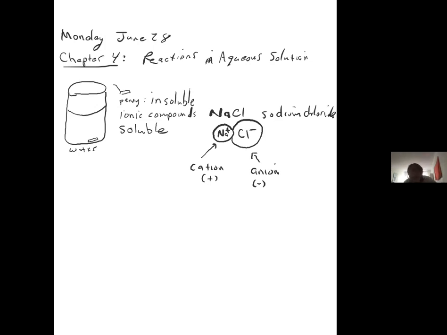With sodium chloride, the water separates the ions. So now you have a sodium ion and a separated chloride ion. If we were to put sodium chloride into water, we would have a mixture which is called an aqueous solution.